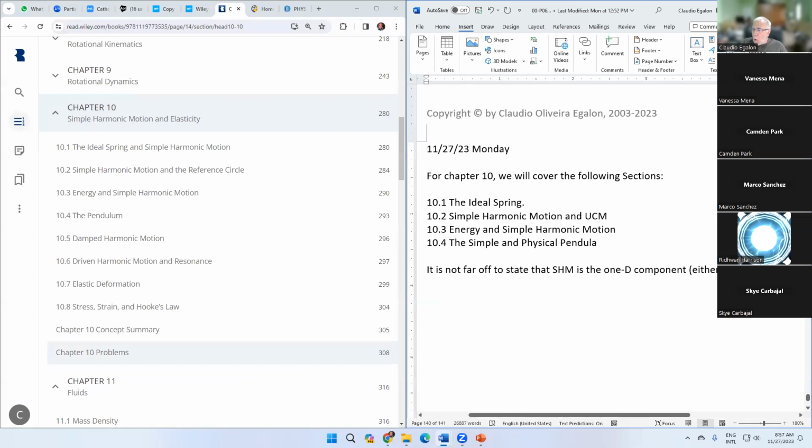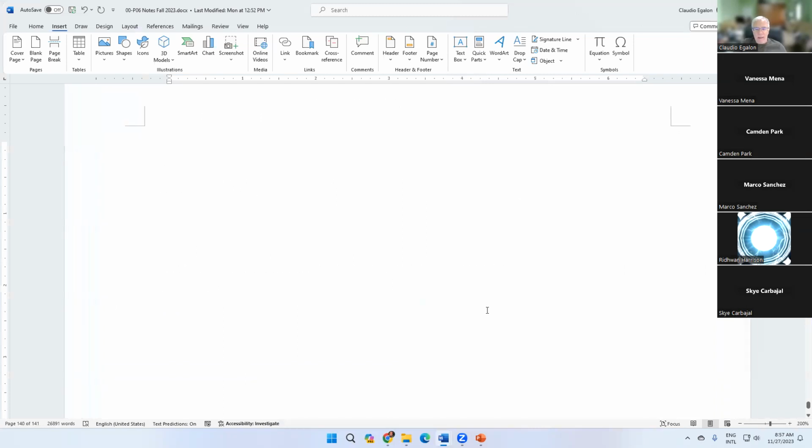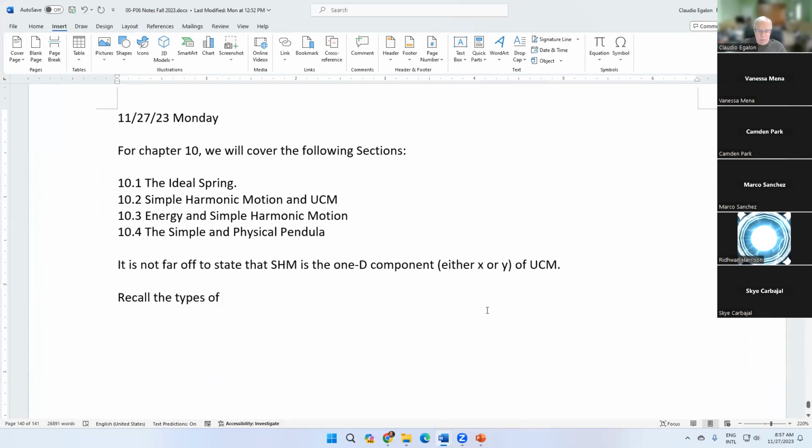Okay, so recall the types of conservative force. The weight, and when I mean the weight, nearby Earth's surface, which is going to be mg.